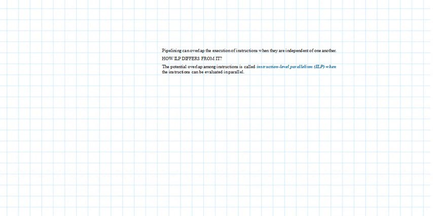So if you go back to the concept of general pipelining, pipelining can overlap the execution of instructions when they are independent of one another.